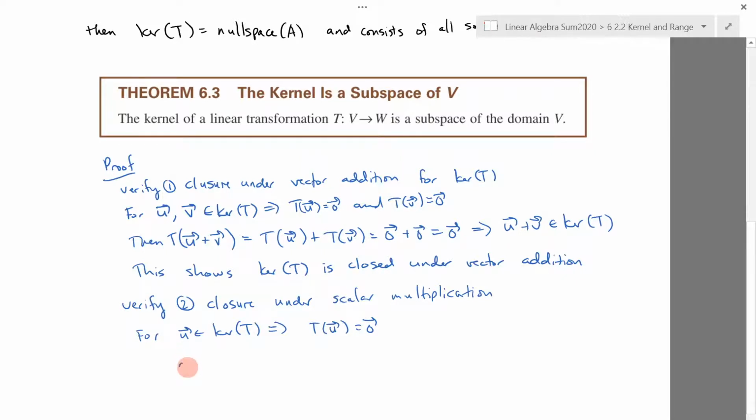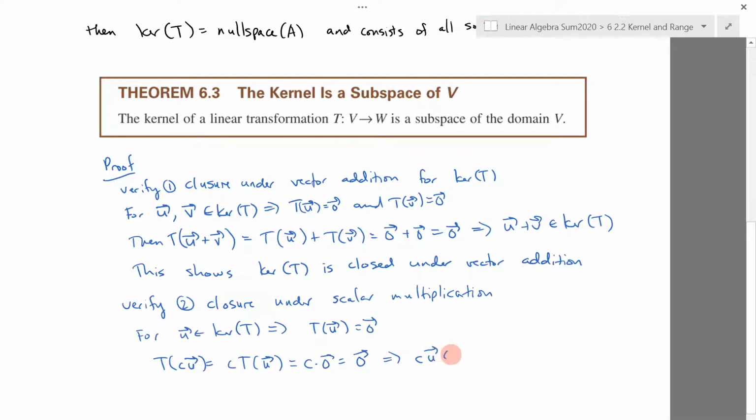But now what about the scalar multiple of u? If I transform that, then from the property of a linear transformation, I can write it like this, but then T(u) is just 0, and c times 0 is 0. So this shows that c times u also gets transformed to 0.